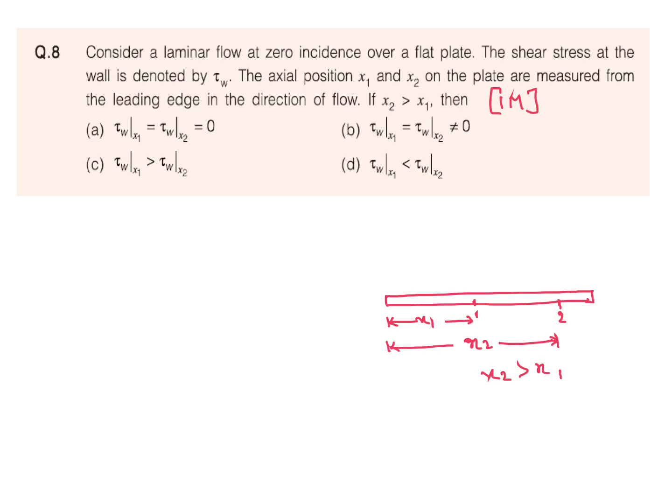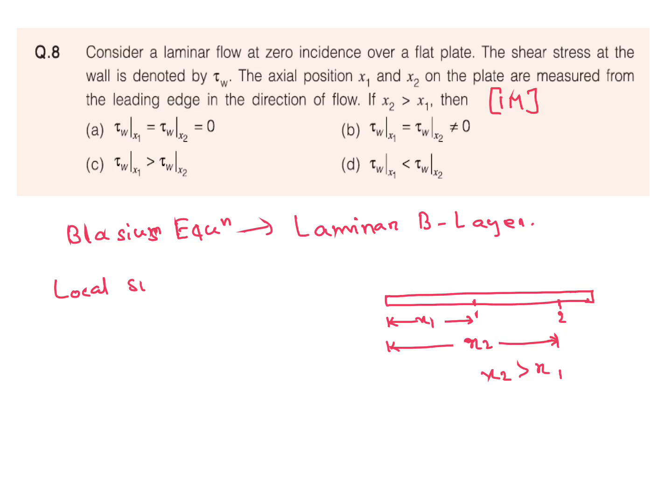So shear stress is denoted by tau W. You apply the Blasius equation here, the Blasius equation for laminar boundary layer, for the local skin friction coefficient.